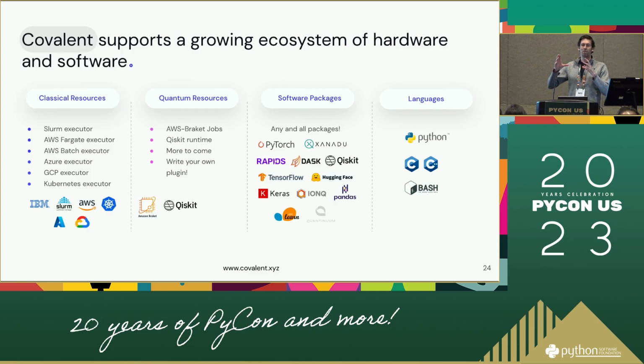So just as you'd be able to import any of these inside a regular Python function, you can import them inside a Covalent task as well, decorate your function with the runtime requirements, and it will be good to go. It'll be packaged inside a container with your task. And of course, we support a handful of languages. Again, this is something that we're expanding based on the ask and the demand from customers.